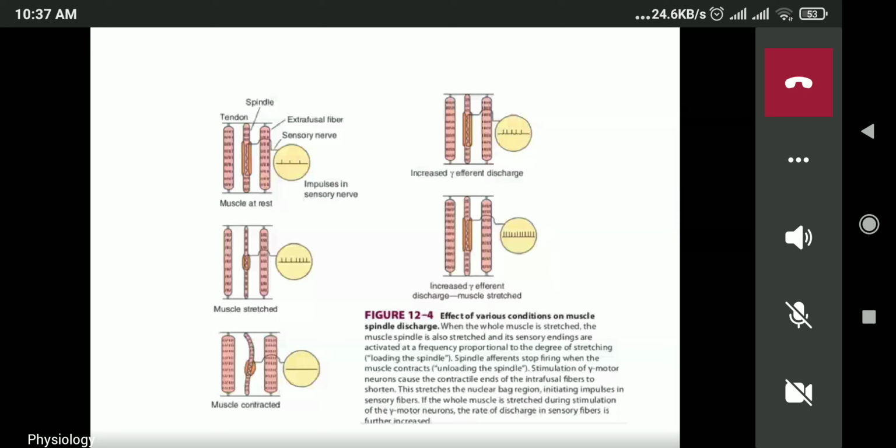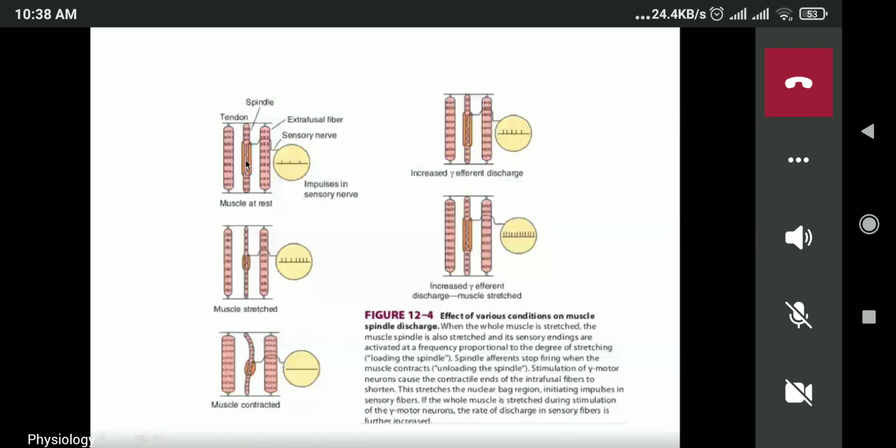So let us tell. Suppose the muscle is at rest. This is the intrafusal muscle, this is the extrafusal muscle, right? So this is in the resting state. You see, from here the sensory nerve is giving three spikes of action potential, right?